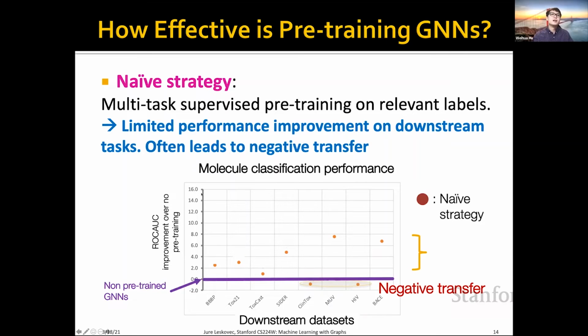Here's the figure: we have 8 downstream datasets, and the y-axis is the ROC-AUC improvement over the no-pre-training baseline. The purple is the no-pre-training baseline. We see that the naive strategy sometimes works well, but for these 2 datasets it actually performs worse than the non-pre-trained, randomly initialized baseline. This is not desirable; we want the pre-trained model to perform better.